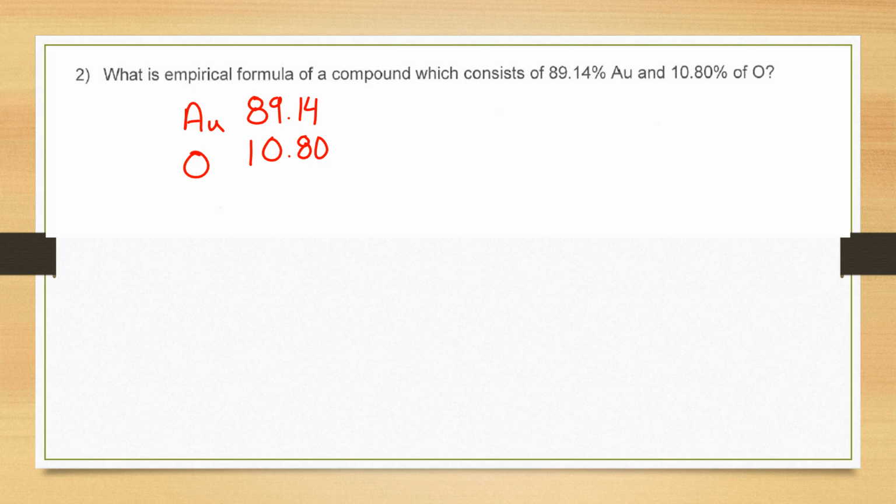Everybody was fine here for mass. Most people were fine with moles, where you divide by the molar mass. So you got a number like 0.4536 or 26, and then you got a number here like 0.6750.